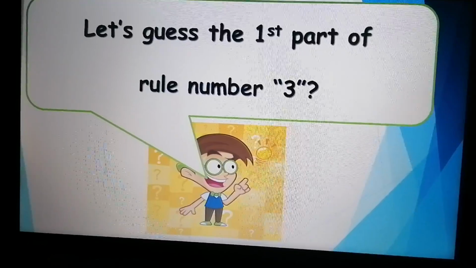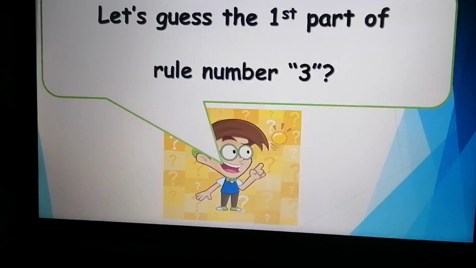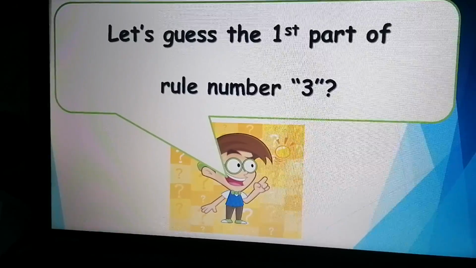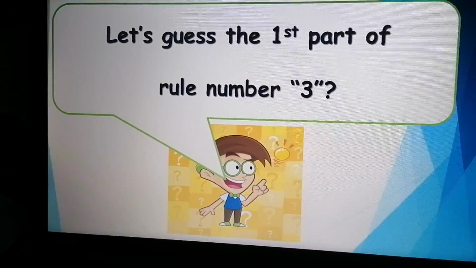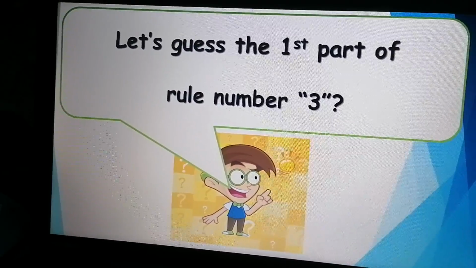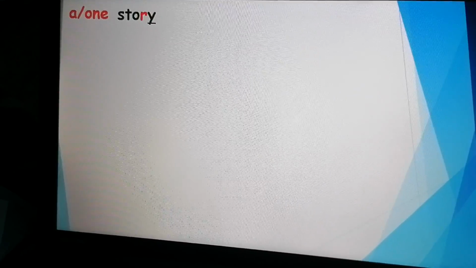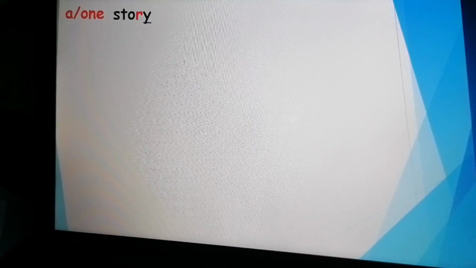Then we are going to guess the first part of rule number 3. So rule number 3 has 2 parts. The first one is, we're going to figure it out from these examples. A or one story.